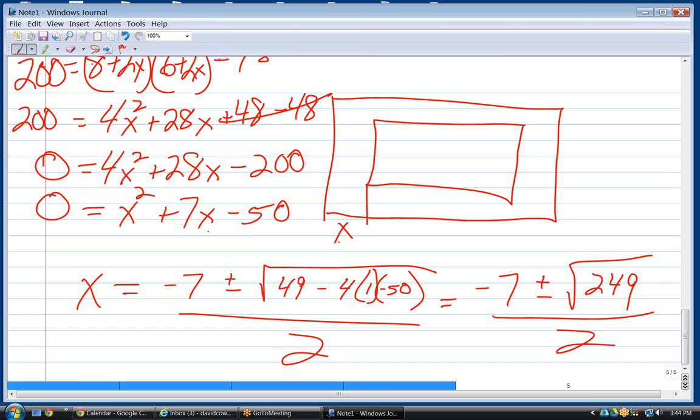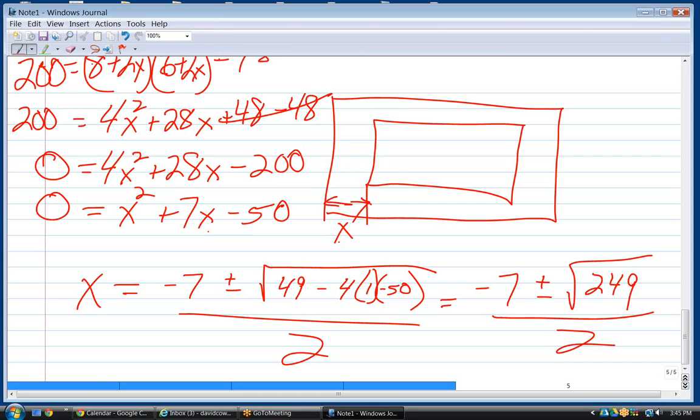So what is this distance right here? -7 plus or minus the square root of 249 over 2.